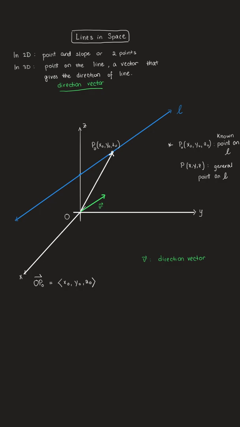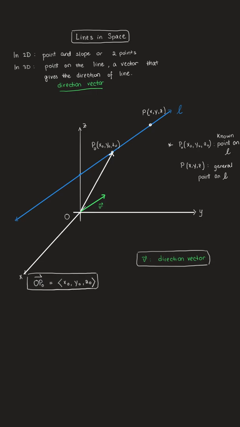Now, let's let any other point on the line be P, whose coordinates are in general x, y, z. The way that we obtain every point on the line, given our vector OP0 from the origin to our point on the line and our direction vector v, is by simple vector addition. Here's how we're going to do it.